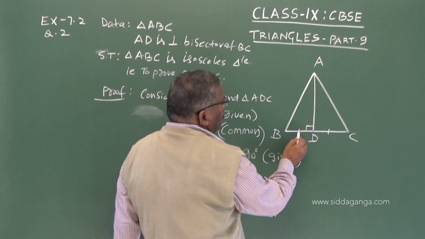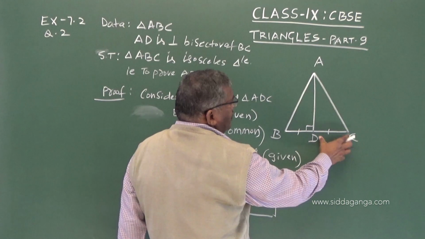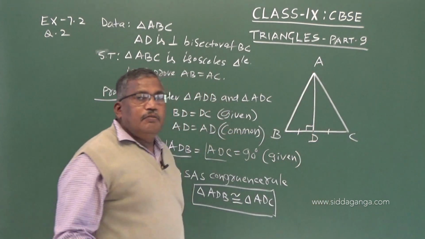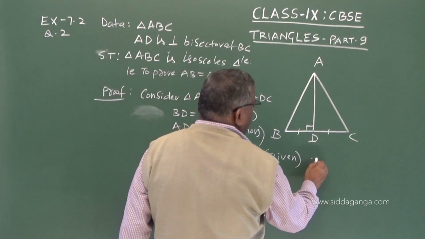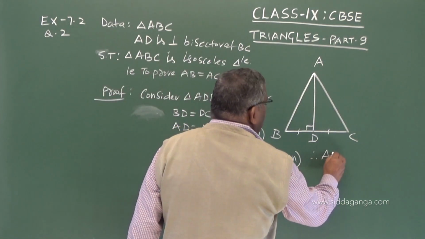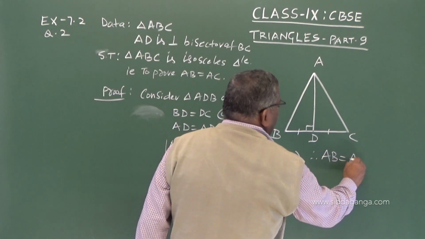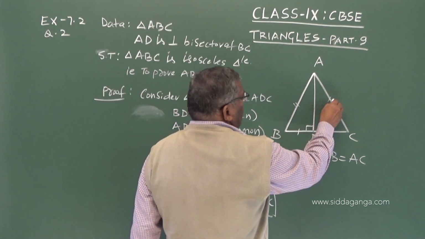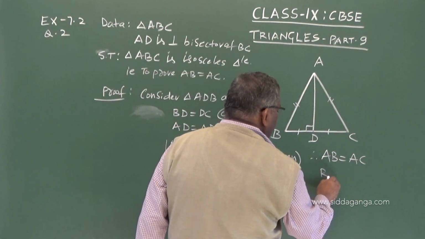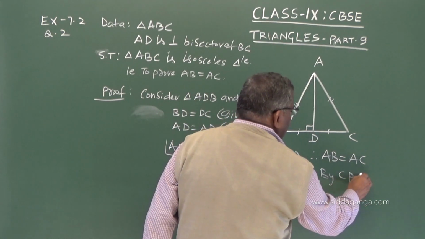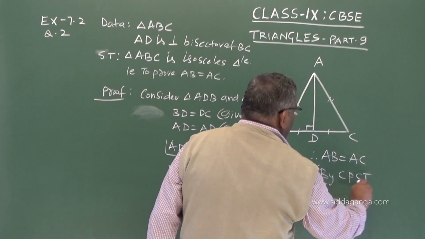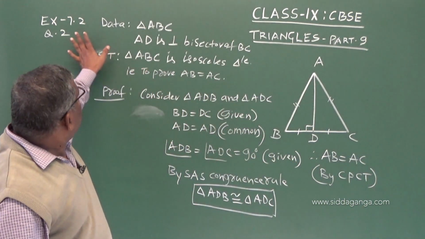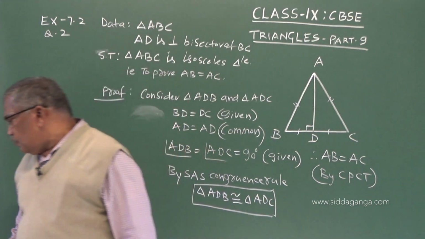We already know that BD is equal to DC, AD is common. The remaining sides are AB and AC, they must be equal. So therefore AB equals AC, that we say by CPCT, corresponding parts of congruent triangles. So this completes question number 2.